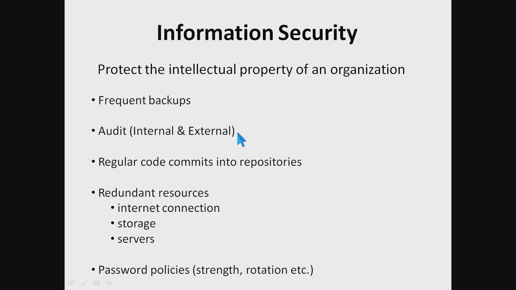Then coming to audits, companies can have an internal audit in the organization every 6 months, and an external audit every year, and so on. They audit their processes and then say that they have improved these aspects based on previous audits.